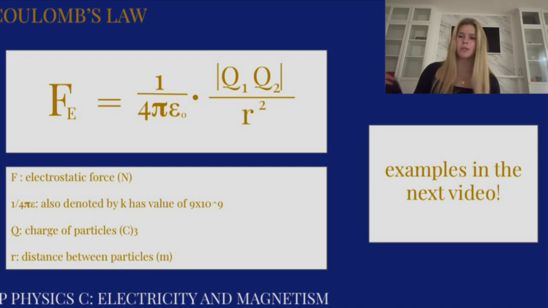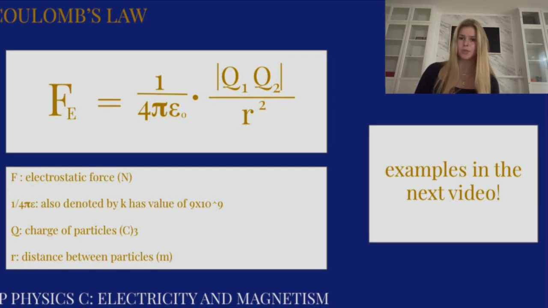If you're wondering what this little epsilon is, that's the value used for vacuum permittivity, but we don't have to worry about that right now. You just need to know that that whole thing is the same as K, which is the same as 9 times 10 to the 9th. So when you're doing your calculations, just use 9 times 10 to the 9th.